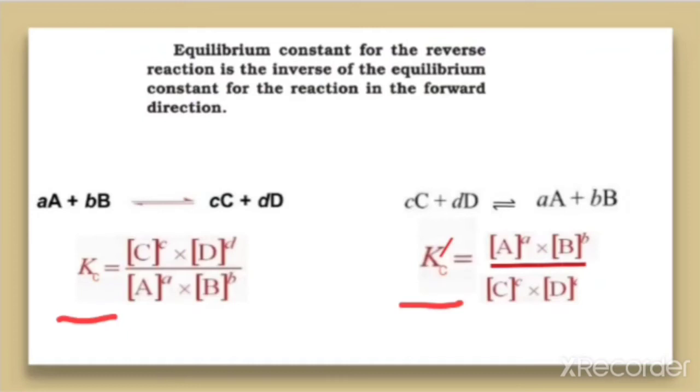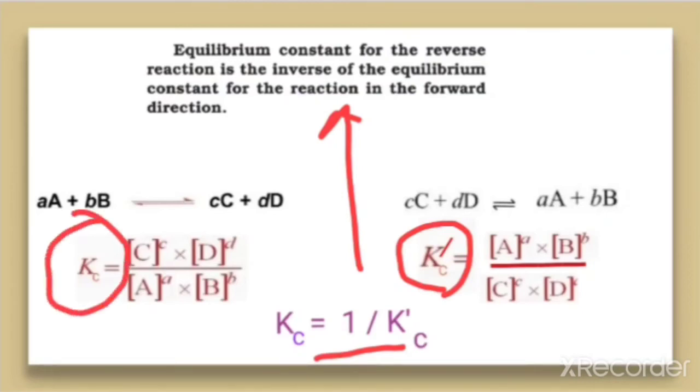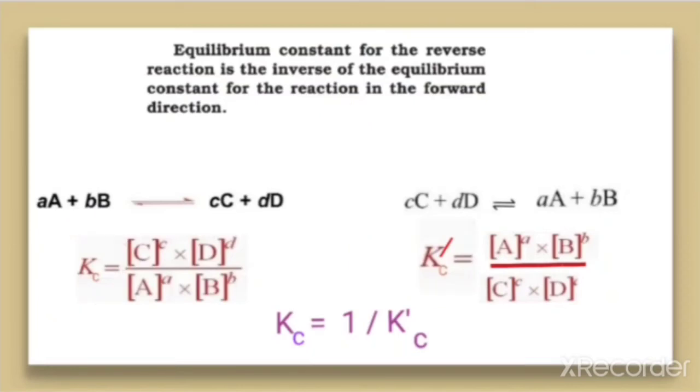When you look at these two, they have an inverse relation, that is Kc is equal to 1 by K dash C. That is explained in this statement: the equilibrium constant for the reverse reaction is the inverse of the equilibrium constant for the reaction in the forward direction.